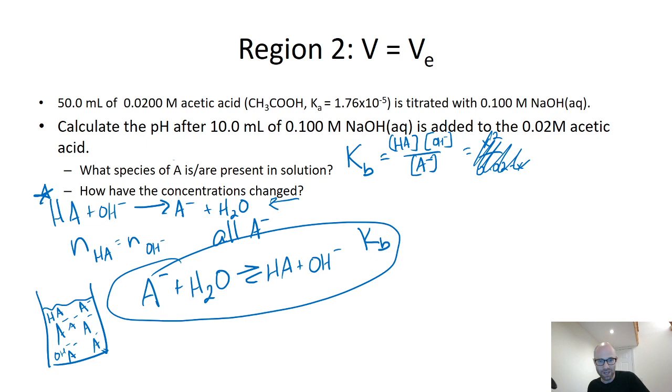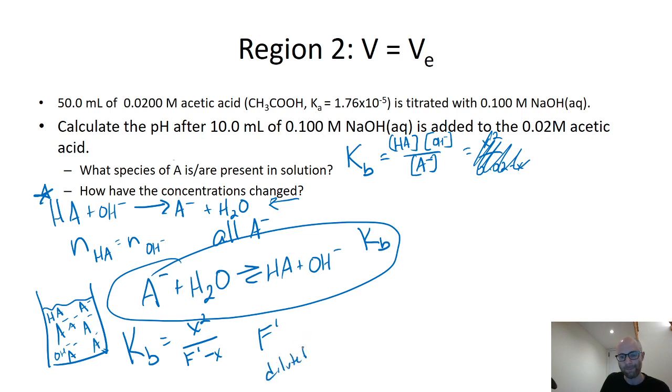We're not in a buffer anymore. You always have to consider, if it's not a buffer, any dilution effects that took place. So really what I want to write here is that Kb is equal to x squared over f prime minus x, where f prime is your diluted formal concentration. In this case, it's going to be equal to F times the initial volume over the new total volume.